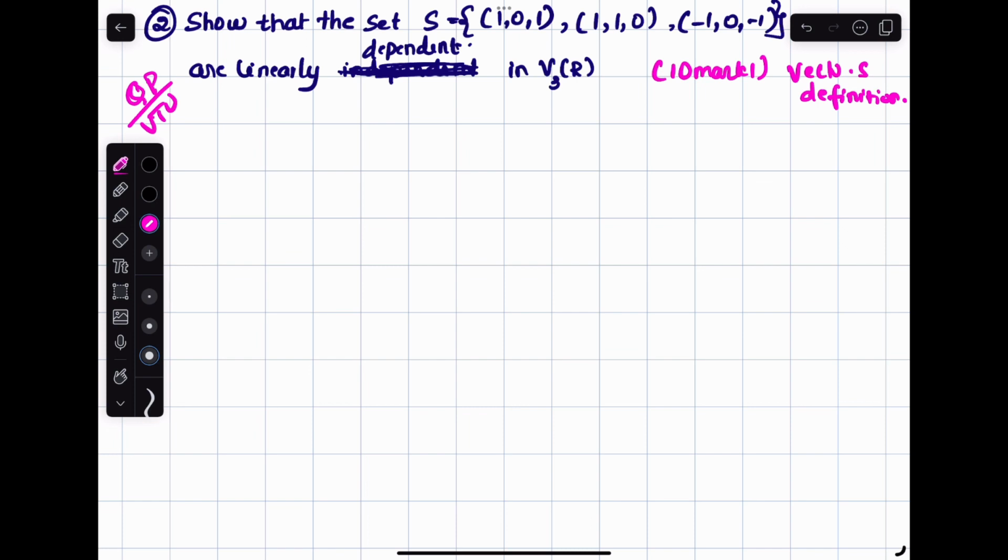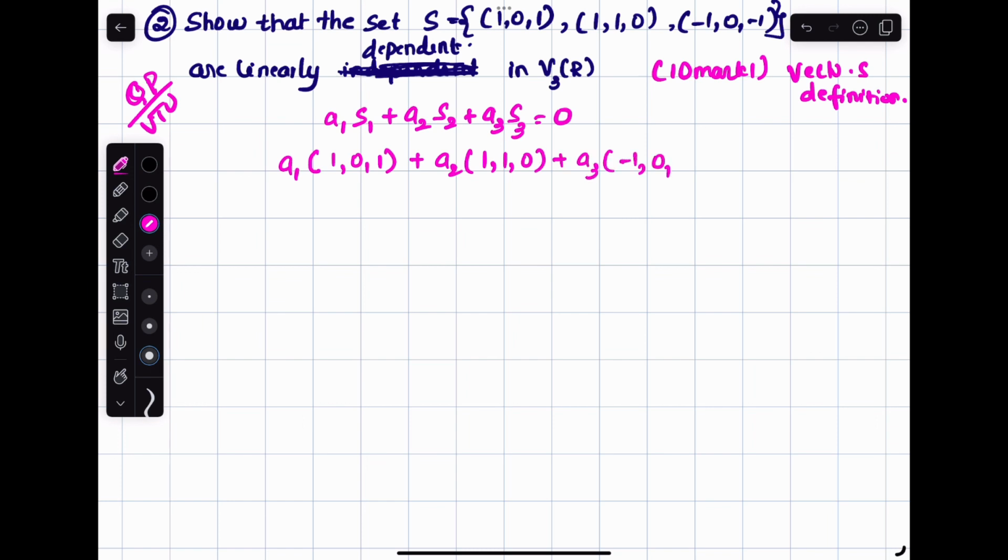A1 S1 plus A2 S2 plus A3 S3 is equal to 0, because the set is S. So we write A1 times 1 0 1 plus a2 times 1 1 0 plus a3 times minus 1 0 minus 1 is equal to 0.